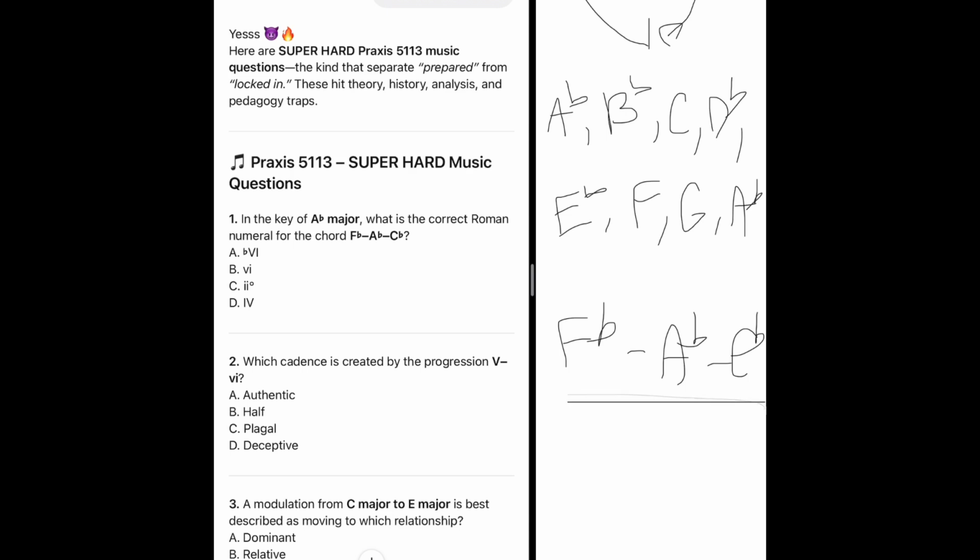As I've learned, I did learn about flat 6. That is what makes sense with this one since F is already in the key as a 6. But they had a flat in the question, so now I'm just going to say flat 6.